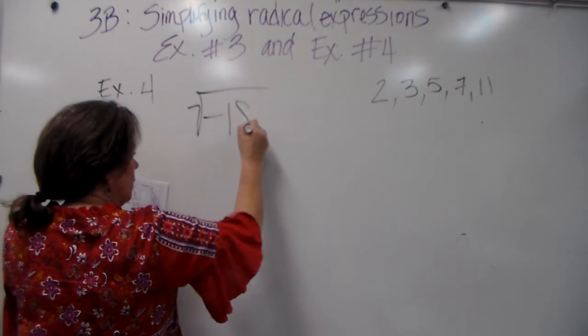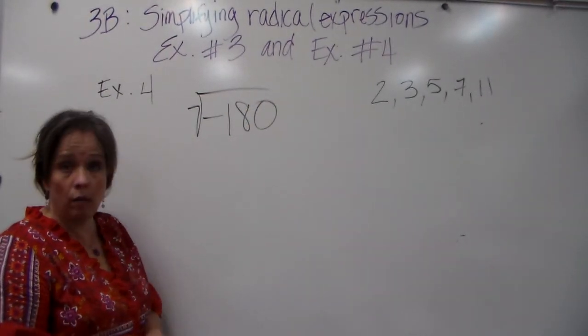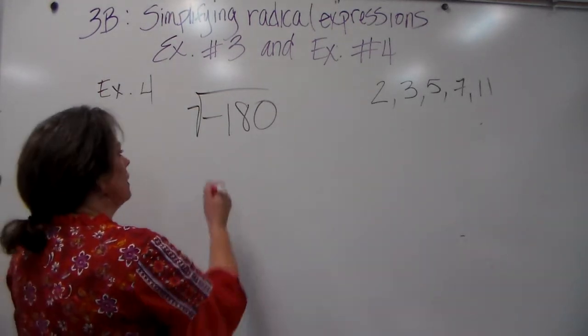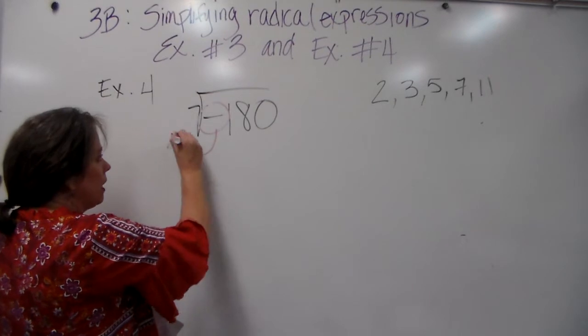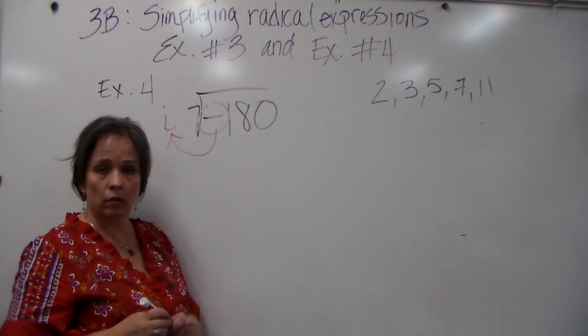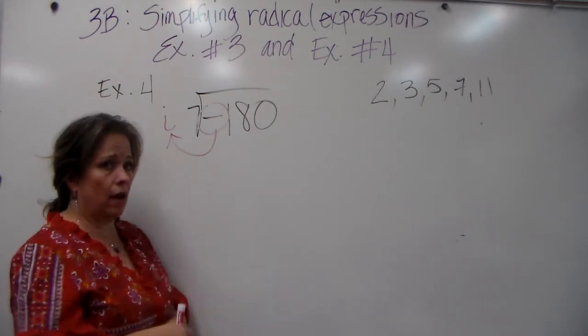And as soon as we see that negative inside our radical, right away, we want to bring that negative out as an i. That's going to come out and become an i. And this is how you show that work. Once your negative comes out as an i, don't forget about that i.